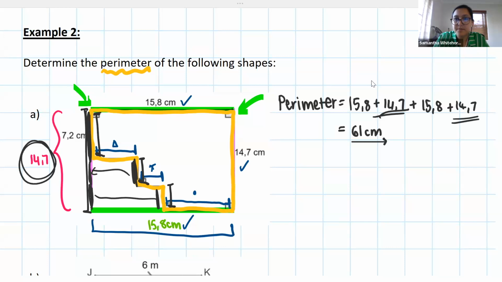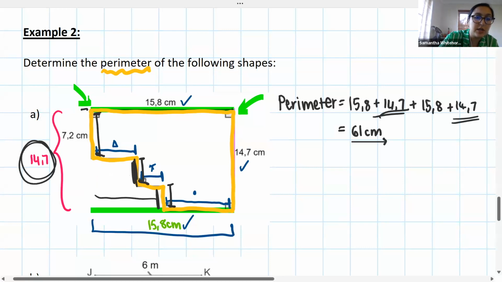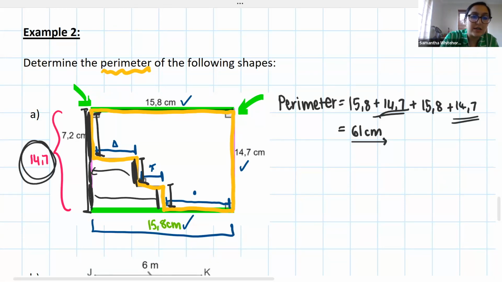Tatenda? Hello, ma'am. I just wanted to make sure that the reason why I'm not adding 7,2 centimeters is because the 7,2 centimeters is inside, not outside. Okay, so grade 8, again, I want everyone to listen because this has been asked in a couple different ways, but it is essentially the same question. We are adding the 7,2, but just not as 7,2.